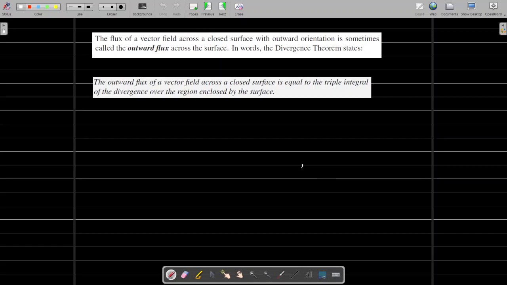So G is the solid, and suppose sigma is the surface of G, then the outward flux across sigma can be written as a triple integral over G of the divergence of the vector field F dV. This is what the divergence theorem states.